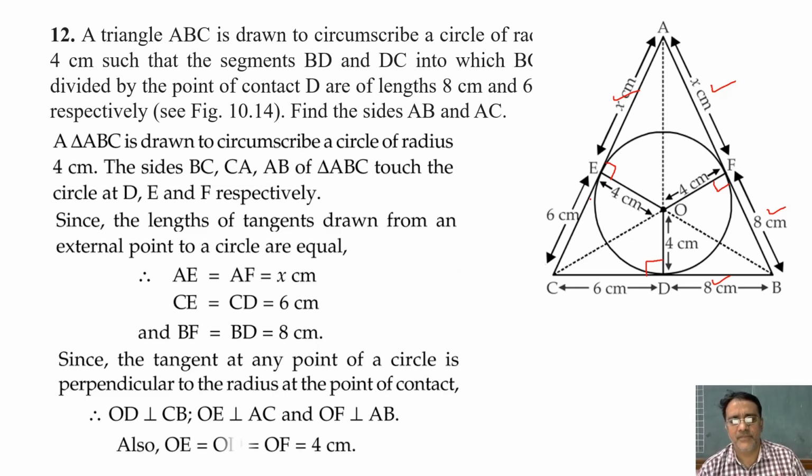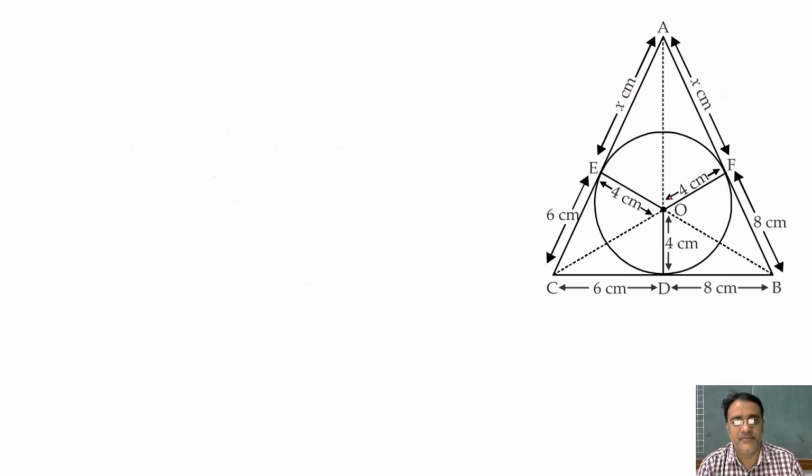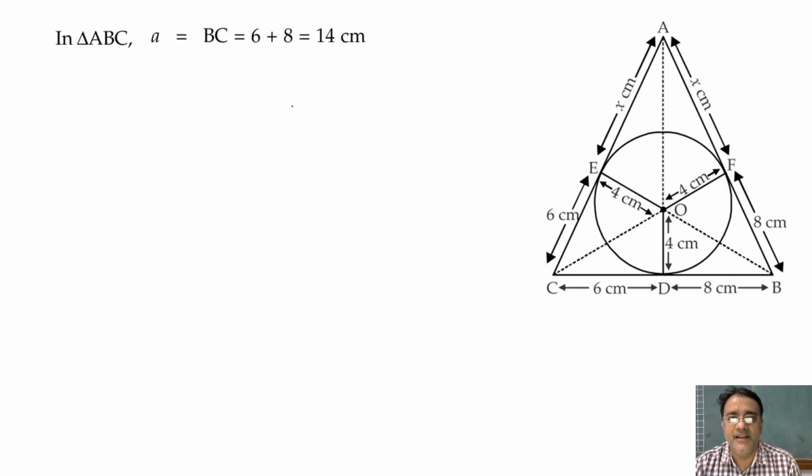No. Okay. And OD, OE, OF are the radius, 4 centimeter it is given. Now we will find the area of triangle ABC by two methods. So the first method we are using is Heron's formula, right?